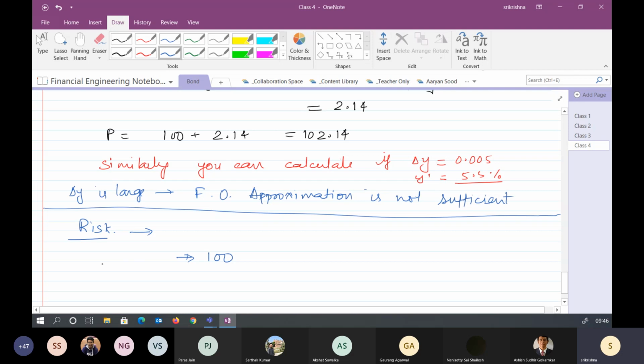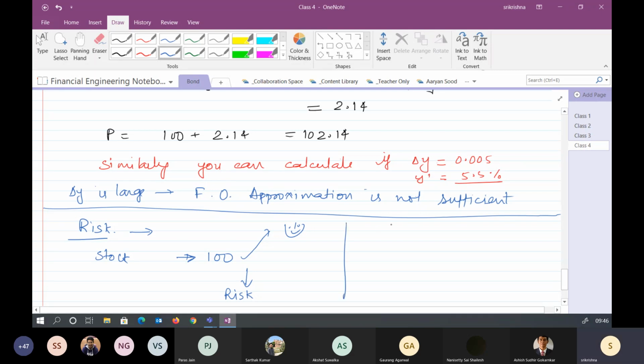Suppose you have one stock whose current value is 100. You have bought it, now you are owning it. So would you be happy if the price increases or decreases? Increase. So if the price increases, you are happy. What if the price has decreased? That is the risk associated with this, because you can lose. Yes or no? Yes, sir.